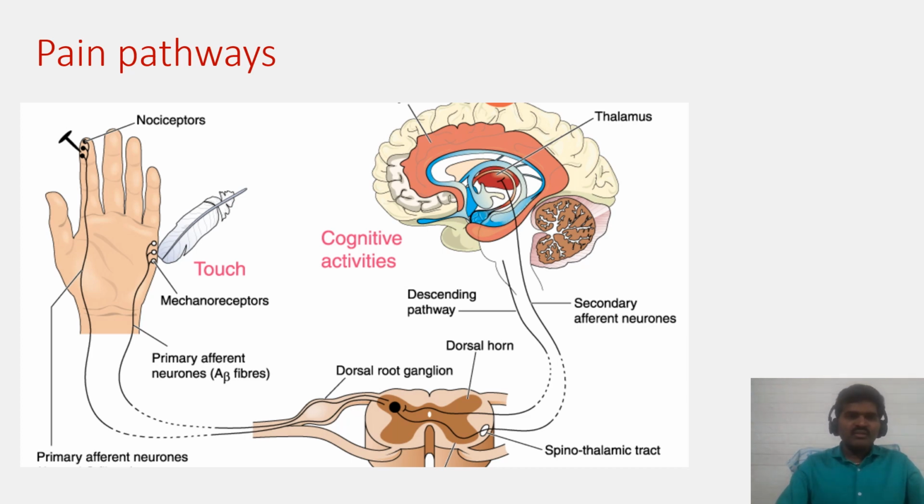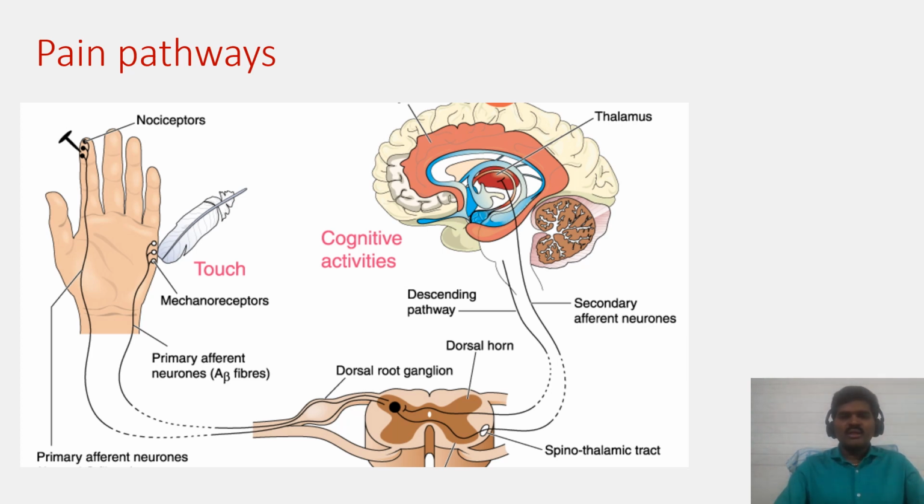So there are primary afferent neurons which are transmitted to the dorsal root ganglion and they relate to the dorsal horns in the spinal cord. There is a crossover of fibers between pain and touch, and then the fibers will travel in the spinothalamic tract.